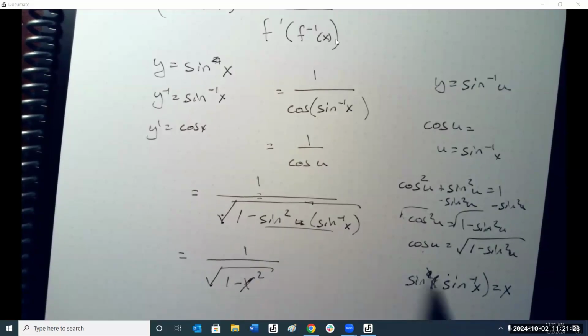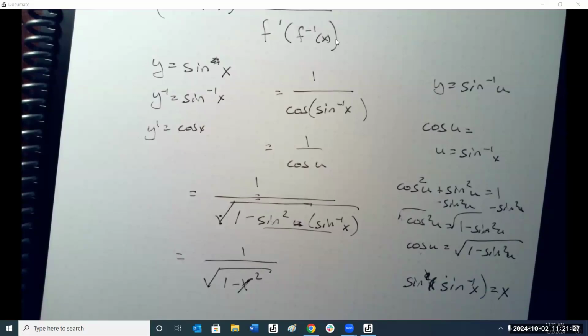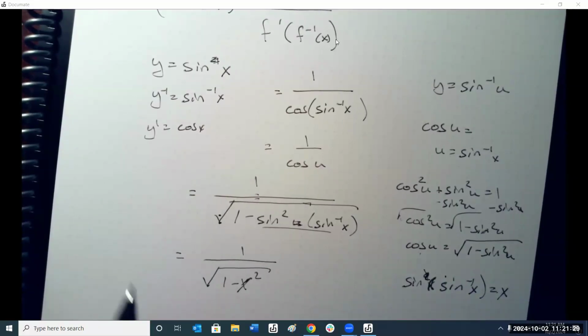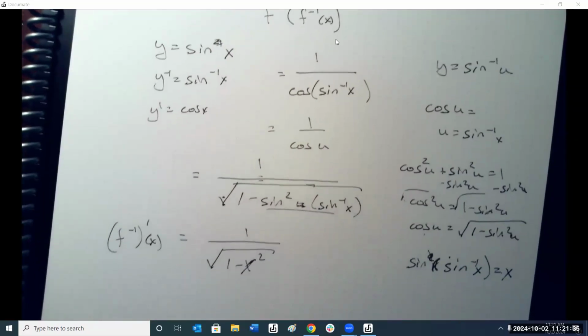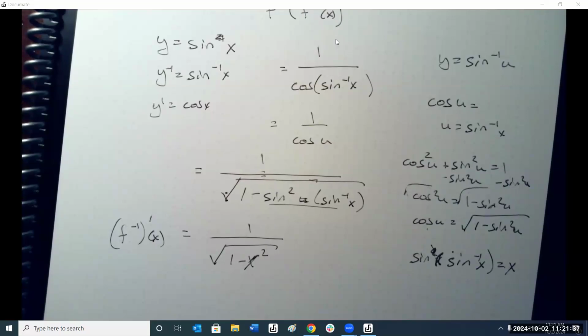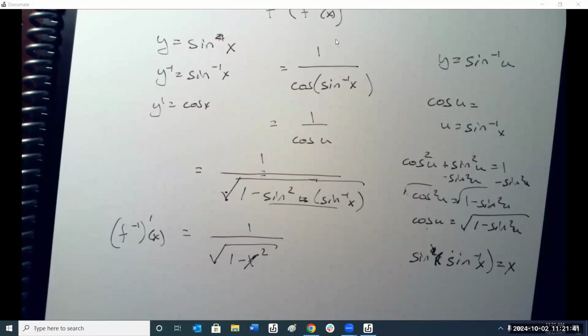Because if one of these is equal to x, then if I square it, I get x squared. So that's our derivative of the inverse sine function.